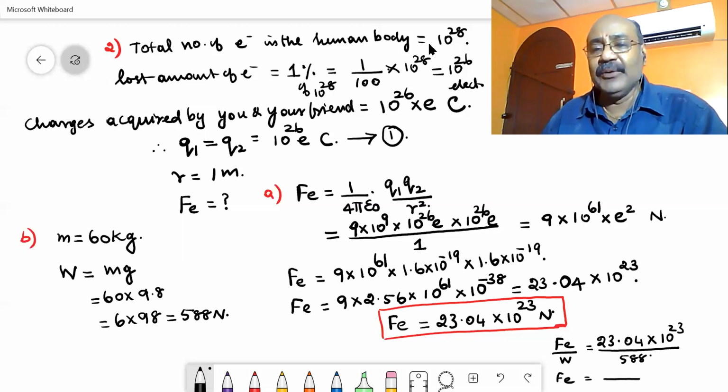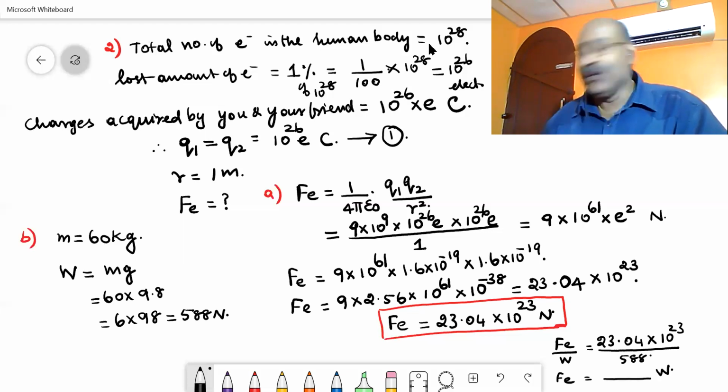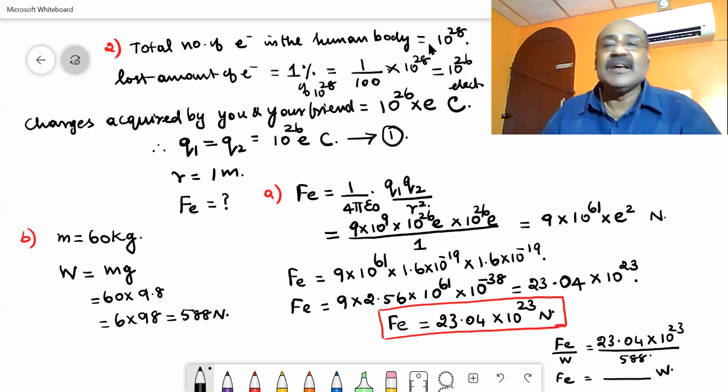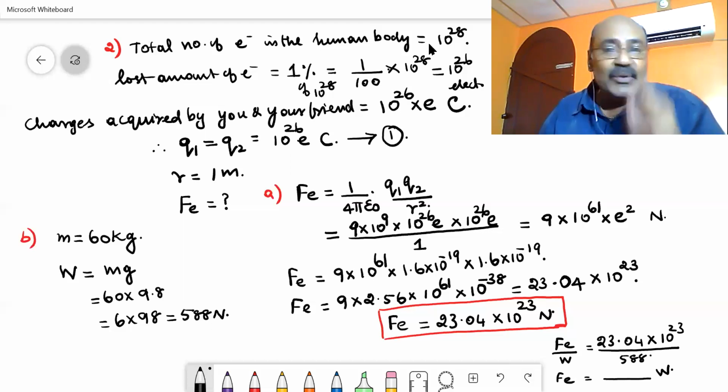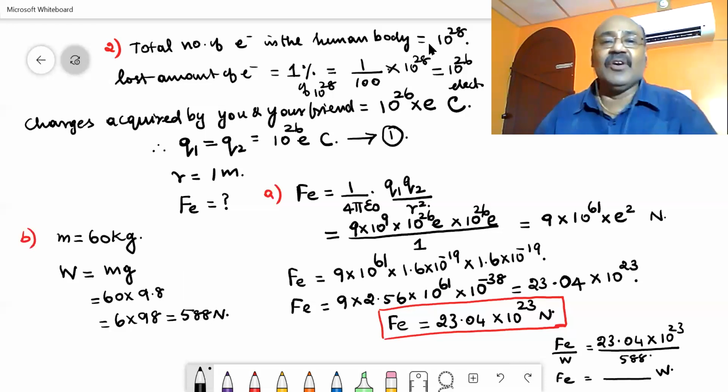If you want, you can simplify this and write it out. So you do it by yourself. You just divide these two and write the answer. This we are calling the comparison between electrostatic force and the weight of the person. Hope you have understood this.